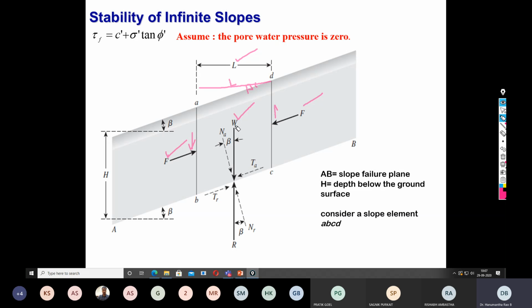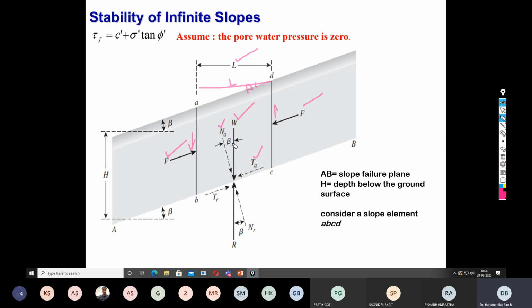Now, this weight W, when it is acting in the inclined direction, causes shear stress. Normally we represent this as the normal stress and shear stress.